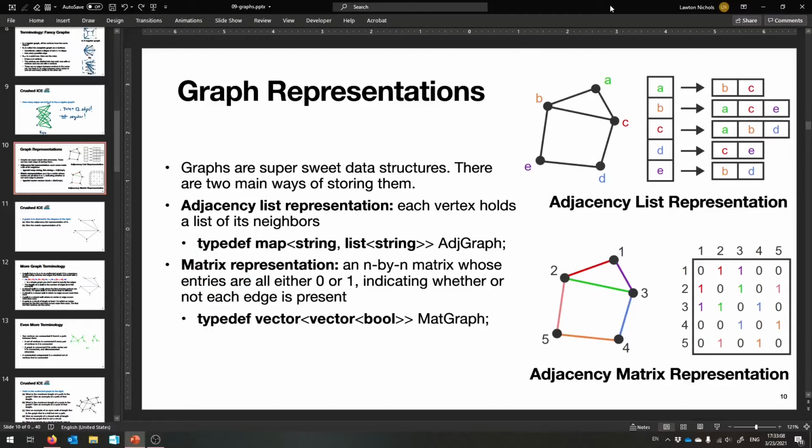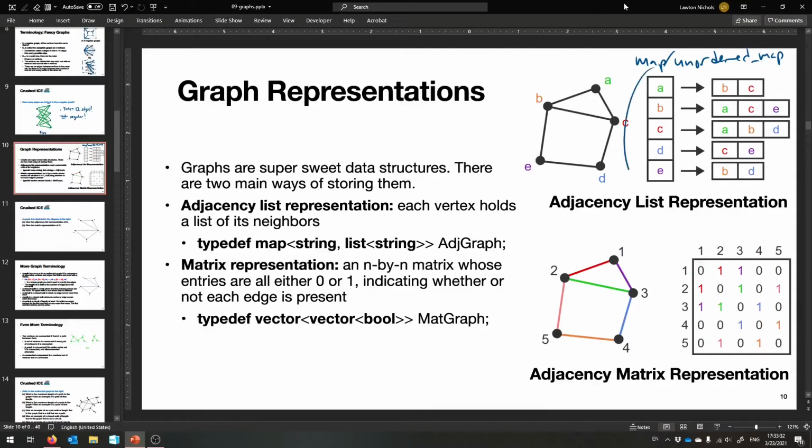With an adjacency list, every node in the graph, every vertex, gets a spot, in like a hash table, or maybe just an array of all these different vertices. Think of this as like a map / hash table / unordered map.